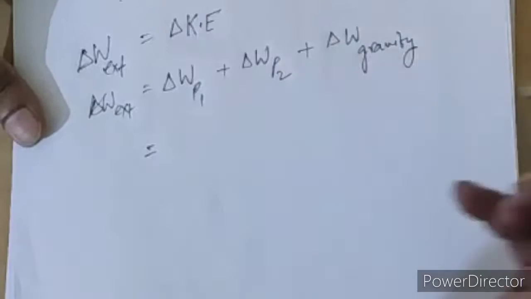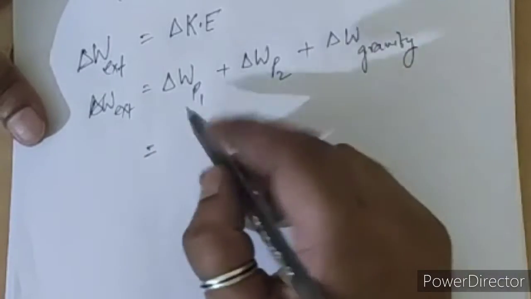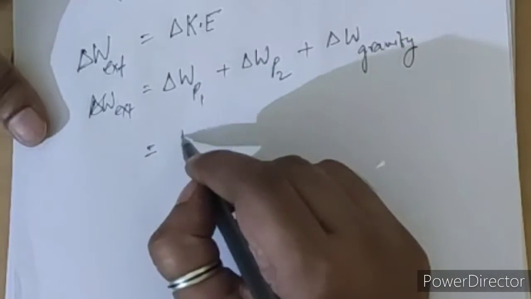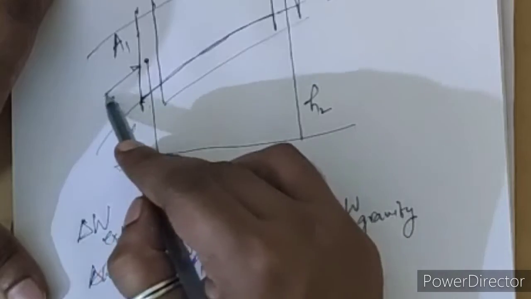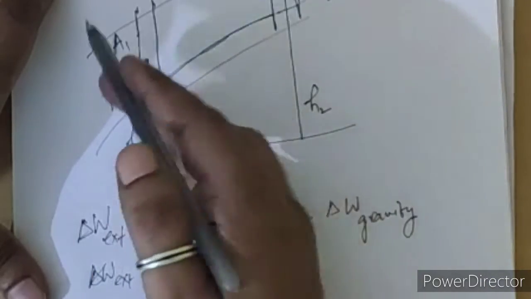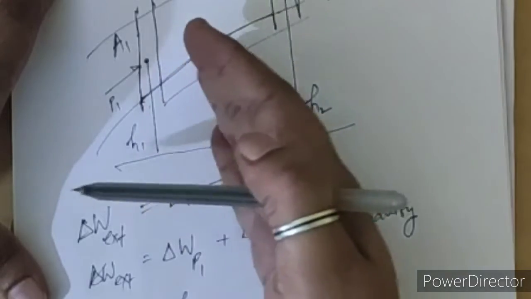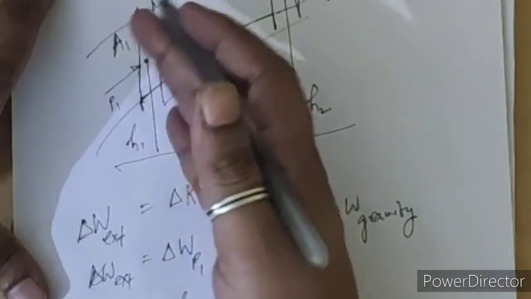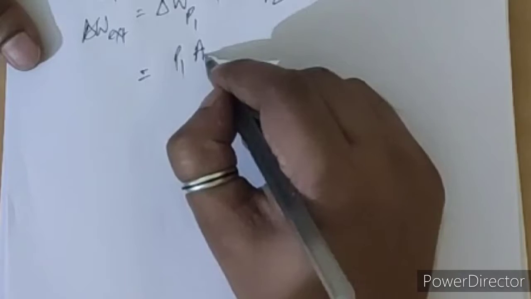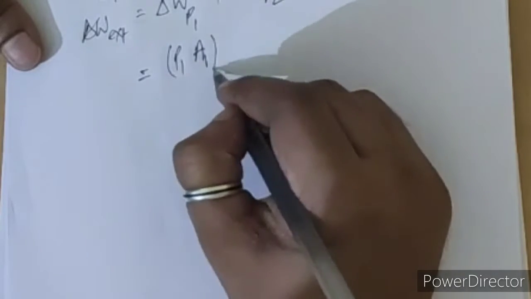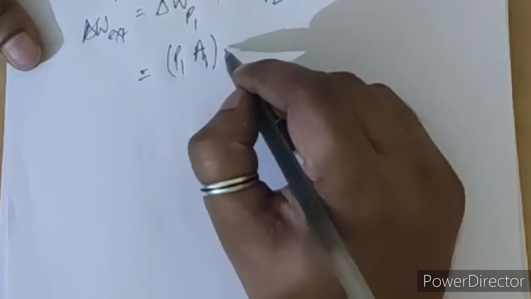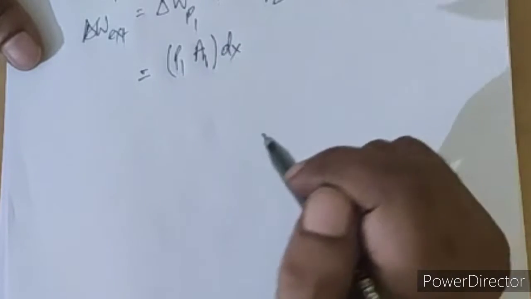So work done by pressure 1, since it is from this direction, the fluid on the left hand side will push this fluid on the right hand side, and the motion is also on right hand side. So the work done will be P1 A1, this is force, and let's say it has moved by distance dx.